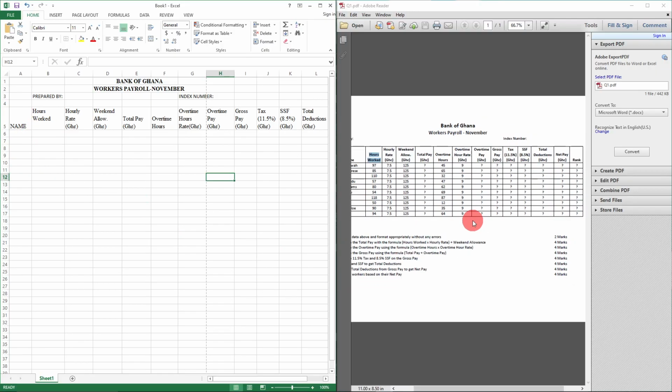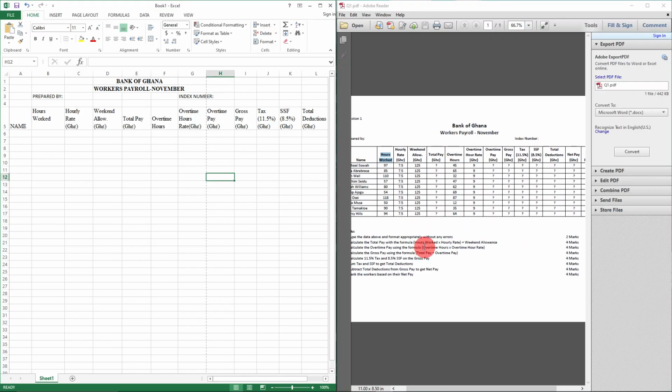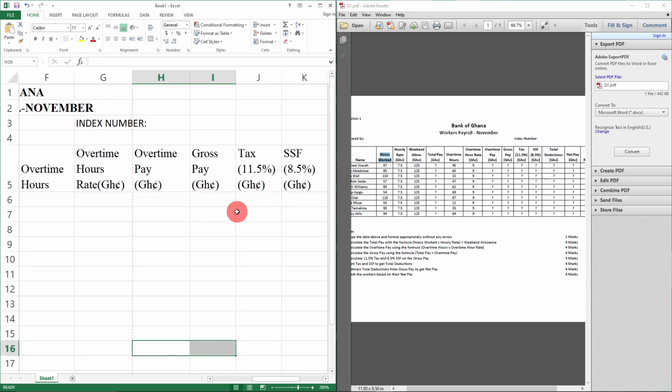Because question 1 is 2 marks. So if you make any mistake, you are losing 2 marks. Okay, so I think my own is okay.